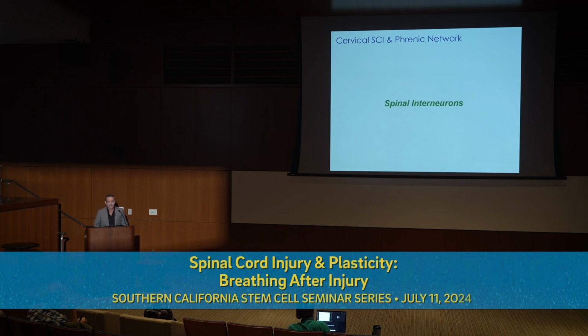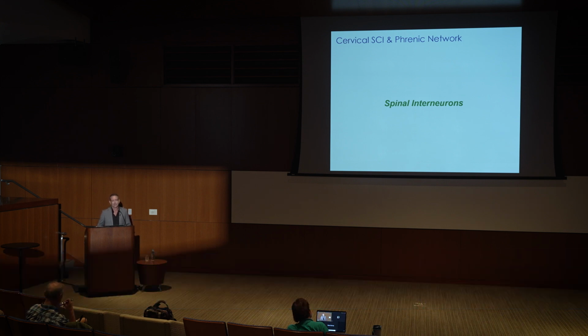But the focus, once again, is on this population of spinal interneurons. We know they exist and they're connected normally, and we're seeing how they change after injury. The field over probably the last 20 years in spinal cord research has become really interested in these populations of spinal interneurons and how they can contribute to plasticity.